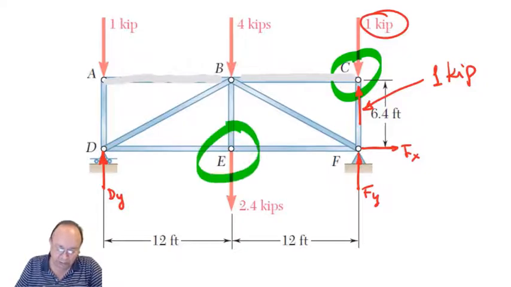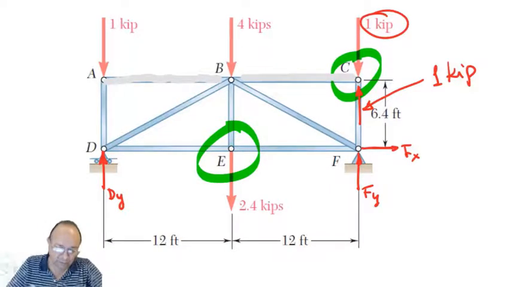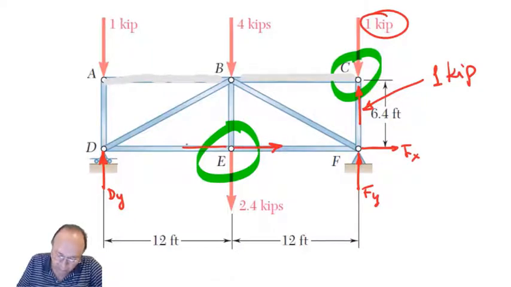Next, joint E. We haven't had a case like this. A joint with 4 forces collinear in pairs, like an X or a cross here. So by summation of forces in the X direction, we know that EF has to be equal to ED.